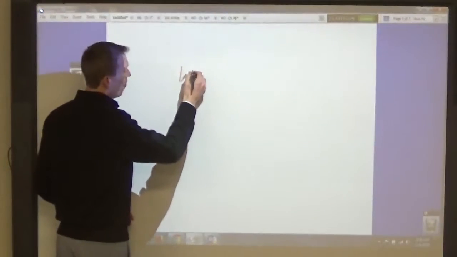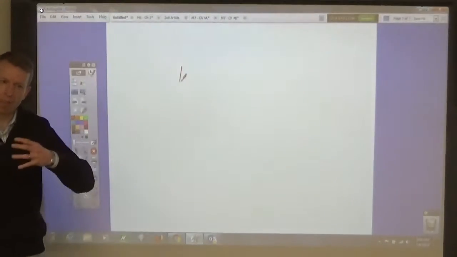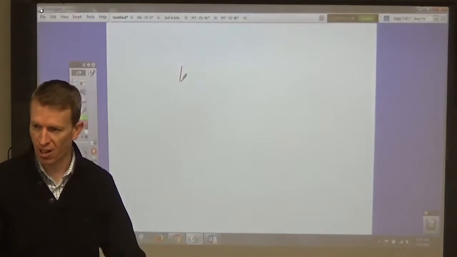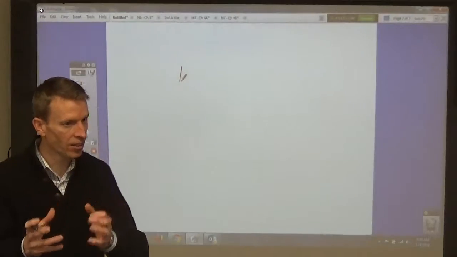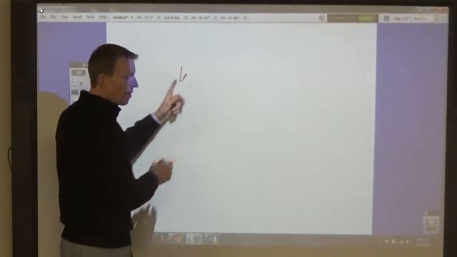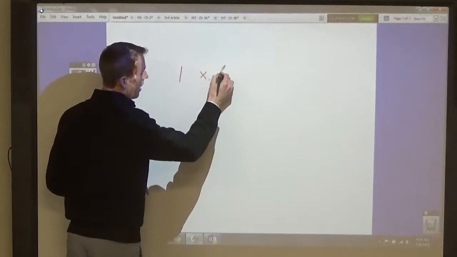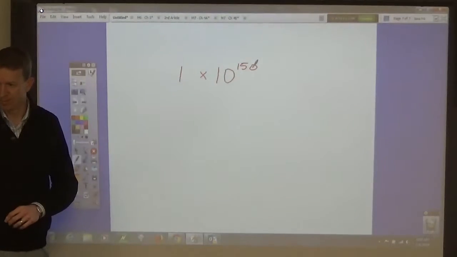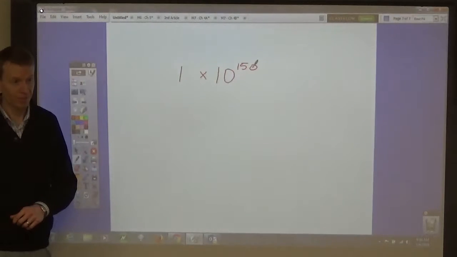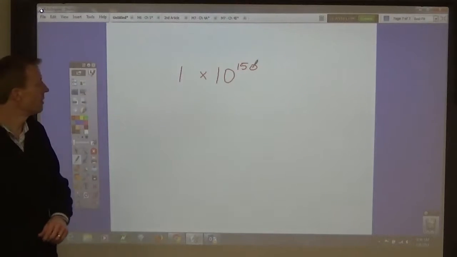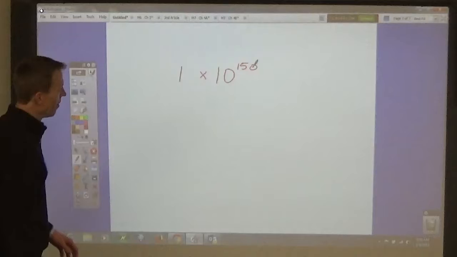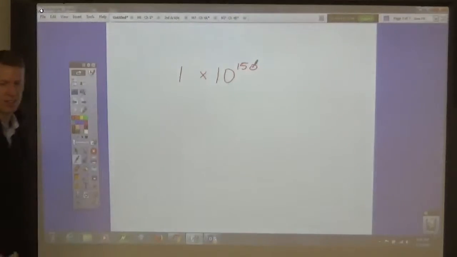The chances of that happening without divine intervention, in other words, without God putting those things here, would be like one chance in 10 to the 150th power. Okay? So we can see that that is scientific notation, right? Instead of writing 150 zeros behind the 1.